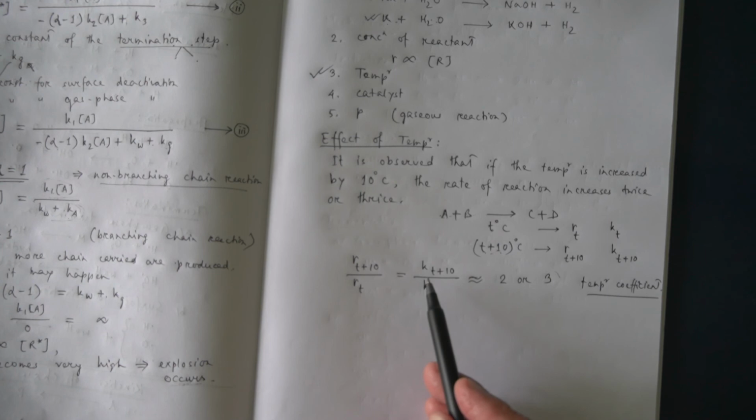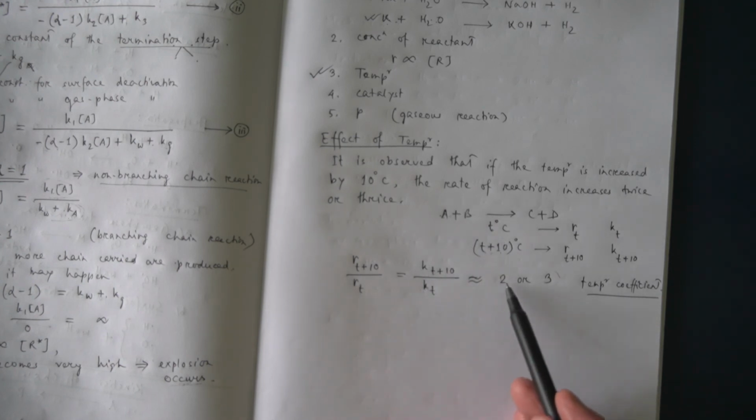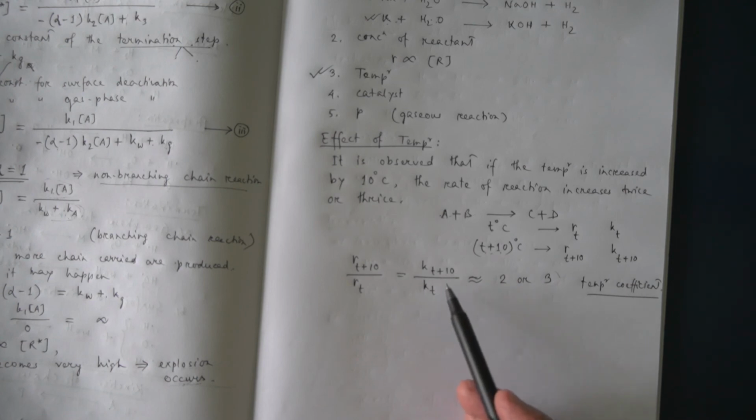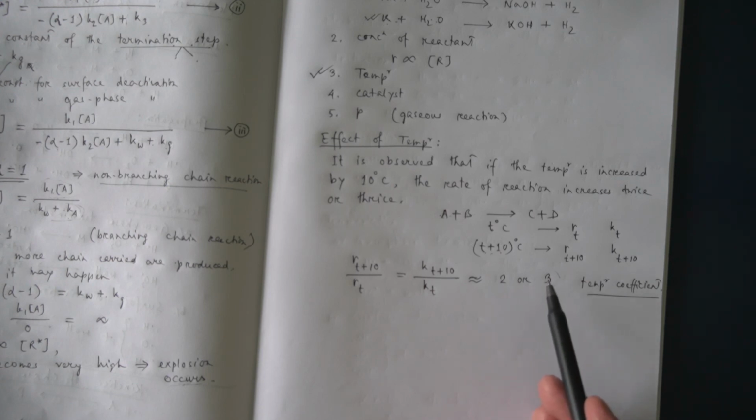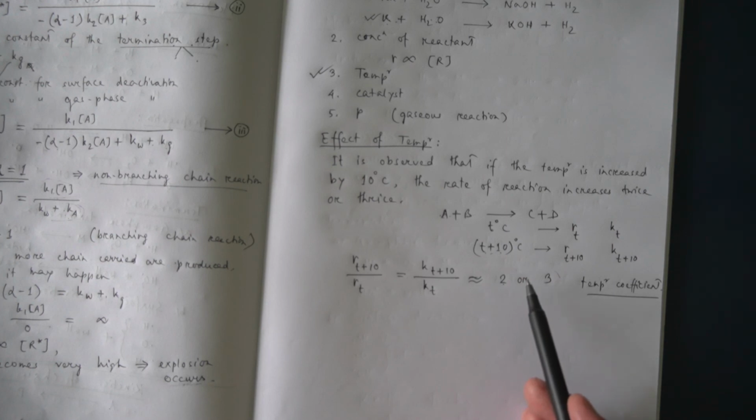Now from this we get some idea that if we increase the temperature by 10 degrees, the rate may increase twice or thrice. But when twice, when thrice, we don't know. If we just write like this, we don't know when twice, when thrice.